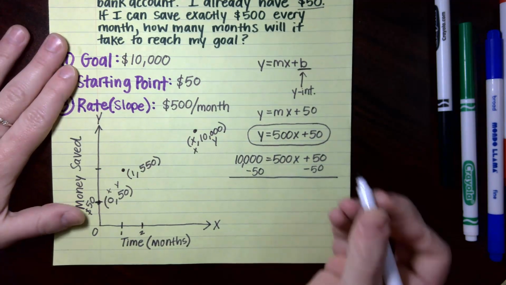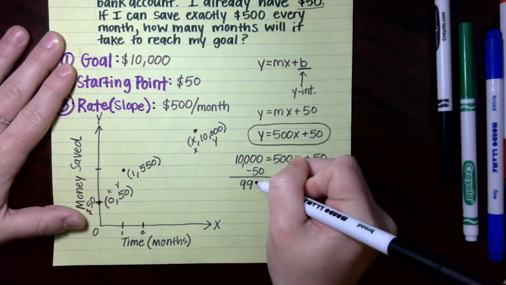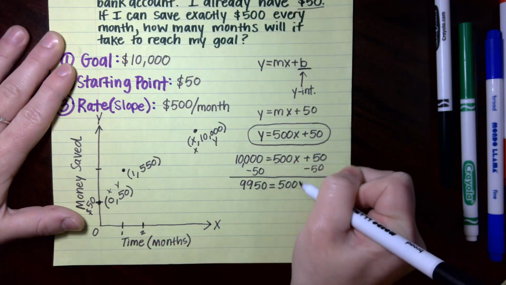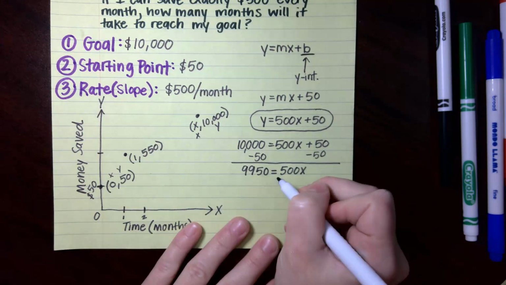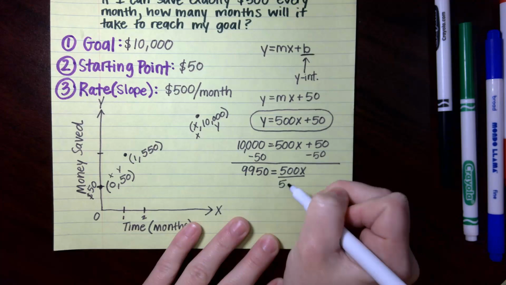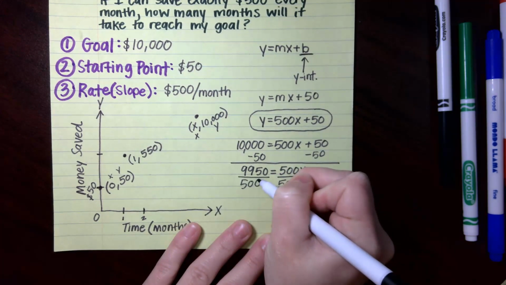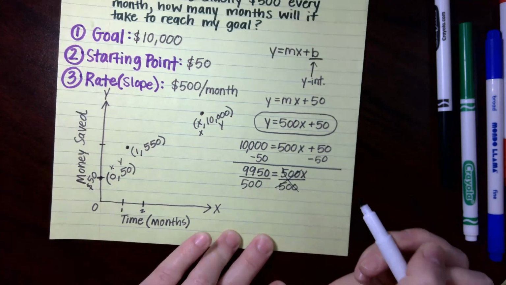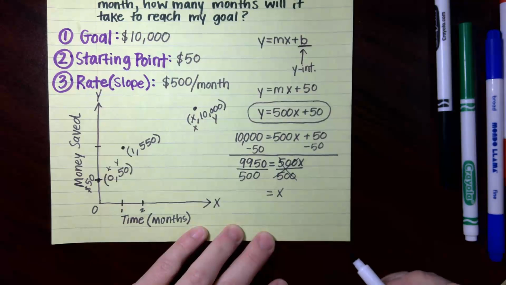And that is going to leave us with 9950 equals 500x. And what's our next step? Divide by 500. Okay, my 500s cancel, and I'm left with x equals what?